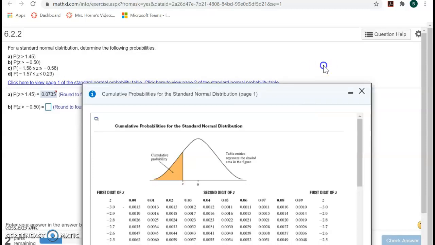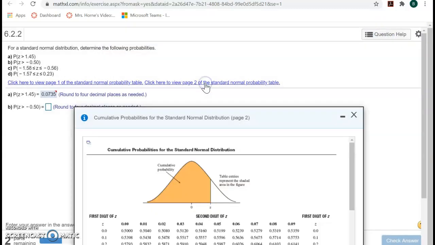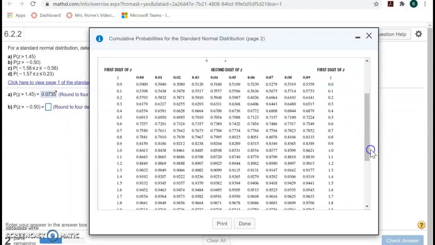The first table is your negative values, and the second table is your positive values. For greater than 1.45, you go to 1.4 and look across: 1.40, 1.41, 1.42, 1.43, 1.44, 1.45. So right here, 0.9265.